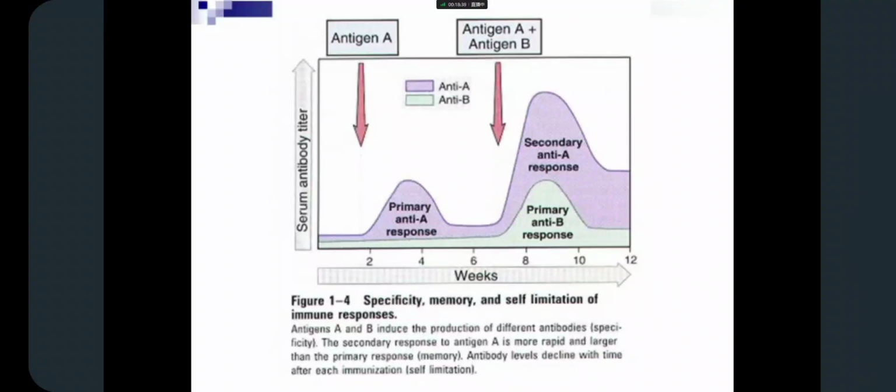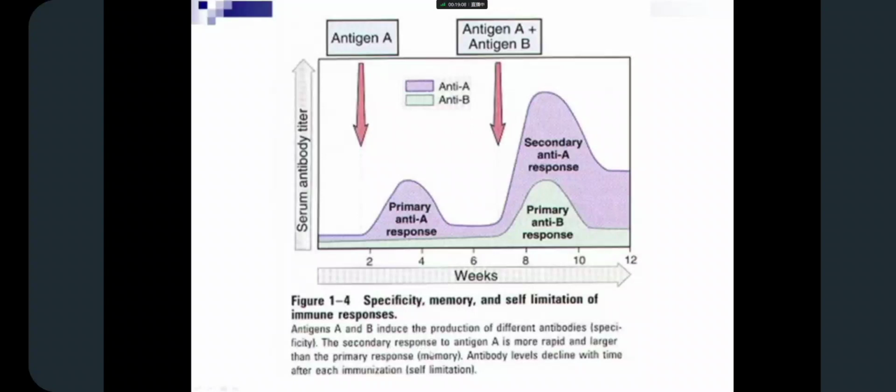Okay, the figure shows the characteristics of adaptive immunity. You can see antigen A and B induce the production of different antibodies. The secondary response is also called the memory response.